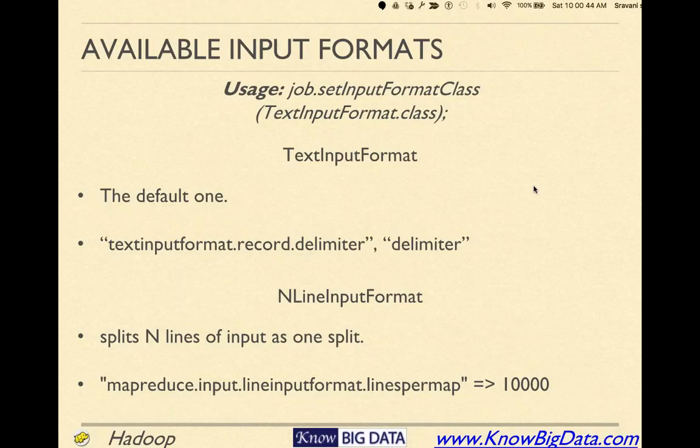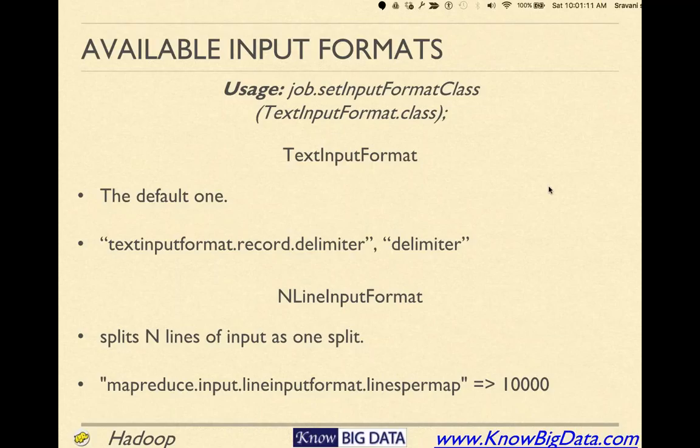Biswa's question is, in such case, we have to specify three delimiters. What kind of three delimiters? We are only specifying one delimiter, that is how to separate one record from another.